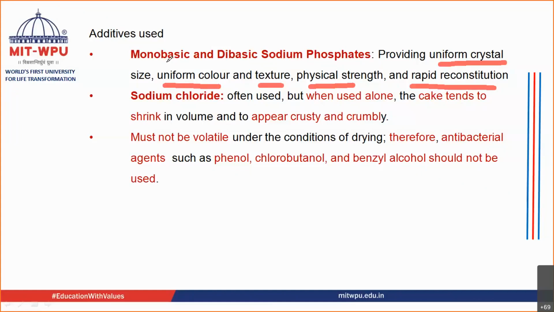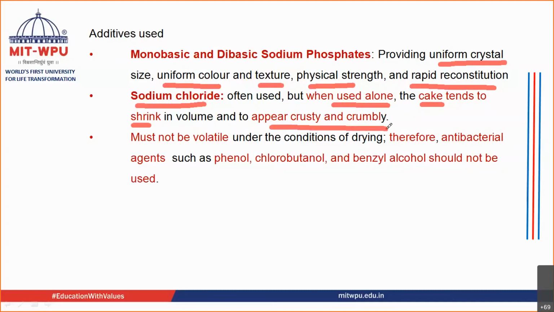The other ingredient that you add to your formulation is sodium chloride. Now, sodium chloride is often used, but when it is used alone without any other ingredient, it usually forms a cake which tends to shrink, and the cake appears crusty and crumbly in nature.